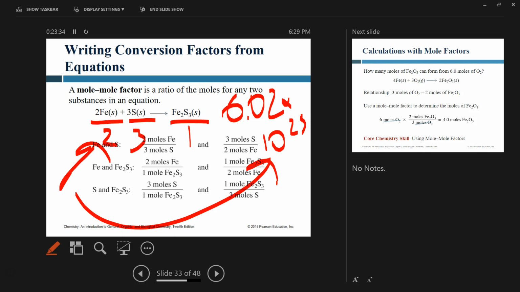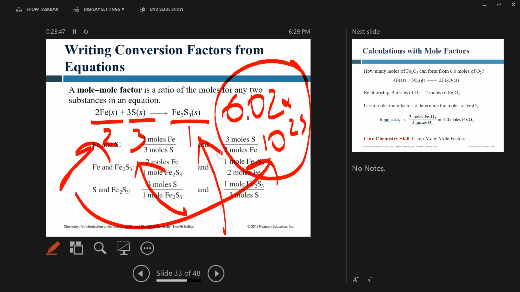If you multiply 3 atoms of sulfur by Avogadro's number, how many moles of sulfur are you going to get? 3. If you multiply 1 molecule of iron 3 sulfide by Avogadro's number, how many moles of iron sulfide are you going to get? 1.